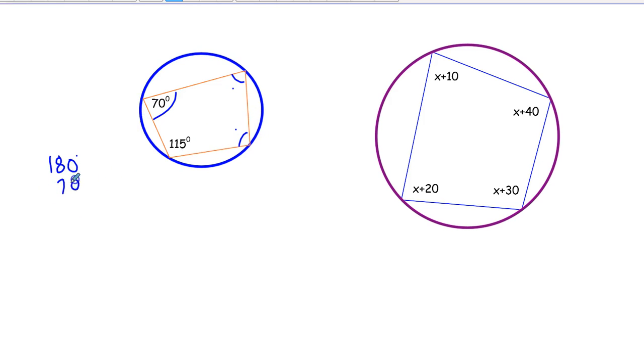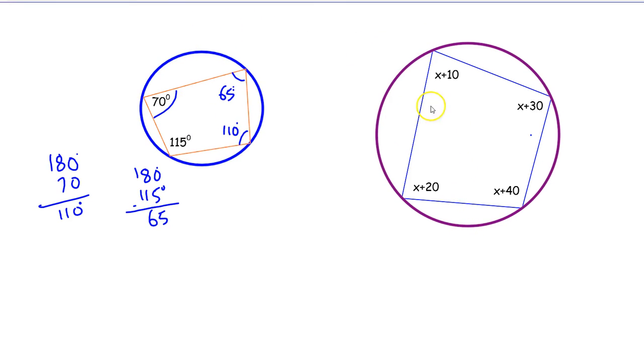Take away 70, 180 minus 70 is how much? 110 degrees. Hence this third angle is 110 degrees, and to get this fourth angle, I have to look at these two opposite angles. So from 180 degrees, take away 115 degrees to give you 65. So the fourth angle is 65 degrees. It is as simple as that, right? Given one angle, the other one right across the opposite angle can be obtained.